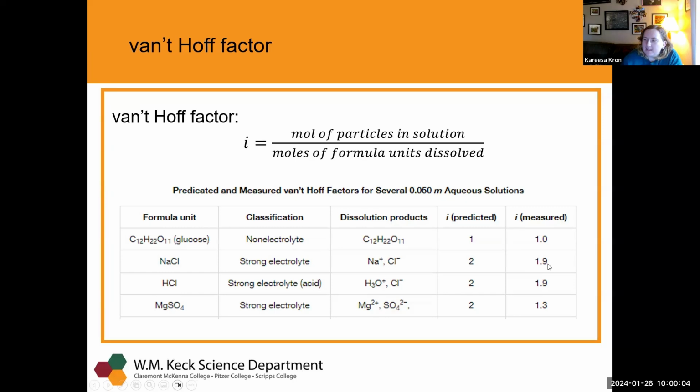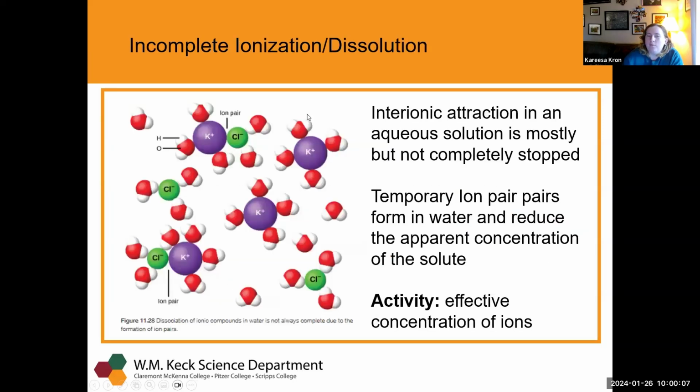Why that takes place is that when we dissolve these compounds, which we suspect act as strong electrolytes, the reason we see incomplete ionization is that while the interionic attraction in a solution is mostly screened by the solvation of these water molecules, it is possible that temporary ion pairs form in water and reduce the apparent concentration of our solute, even if we expect complete dissolution.